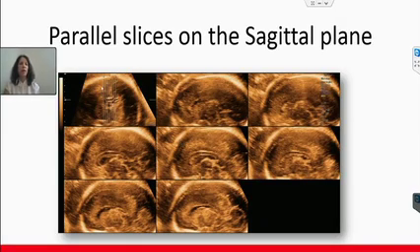So we can cut those slices from one lateral ventricle through the center of the brain, the midline, to the other lateral ventricle. So you see one lateral ventricle, then continue to the corpus callosum, then continue to the other lateral ventricle. So you have the whole information in one screen. You can change the distance between the slices or the number of slices that you see.